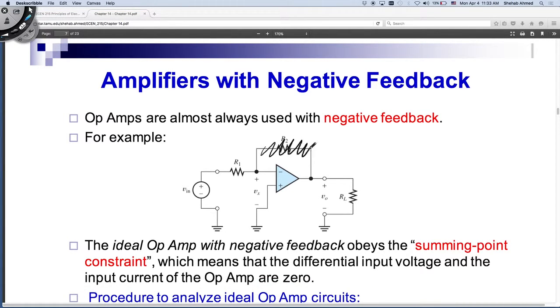This is not there. Remember, this block here, this op-amp, looks like this thing. This is my V out.